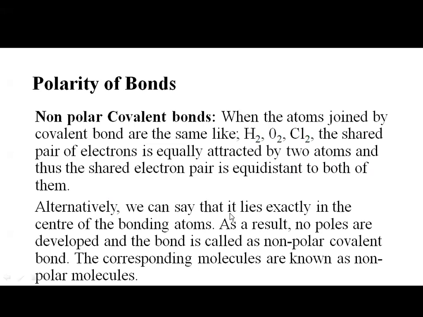Alternatively, we can say that it lies exactly in the center of the bonding atoms. As a result, no poles are developed, no charges are developed, and the bond is called a non-polar covalent bond. And the corresponding molecules are known as non-polar covalent molecules.